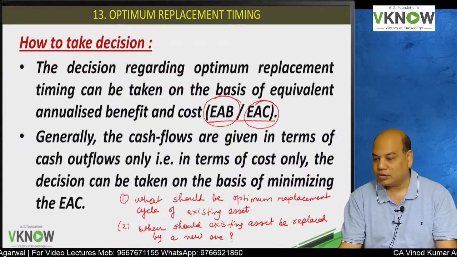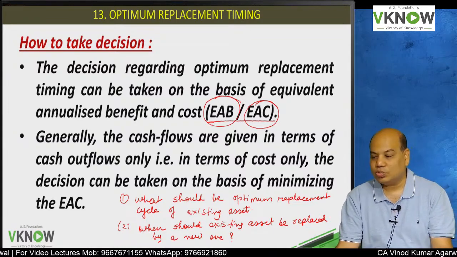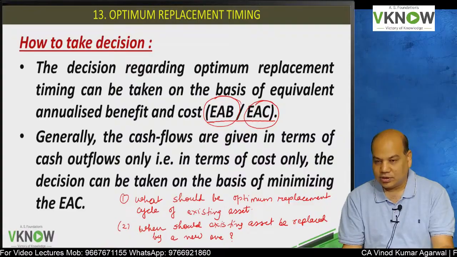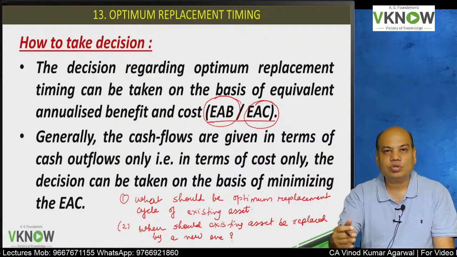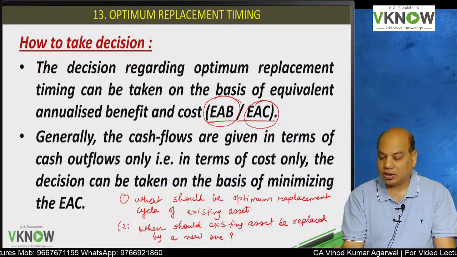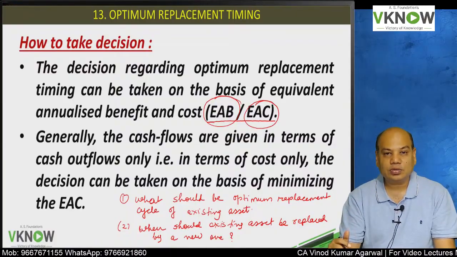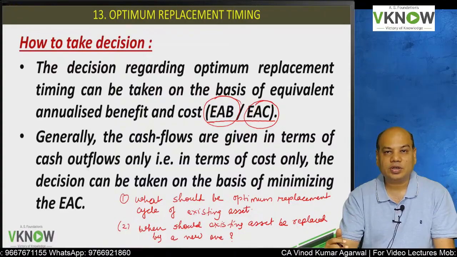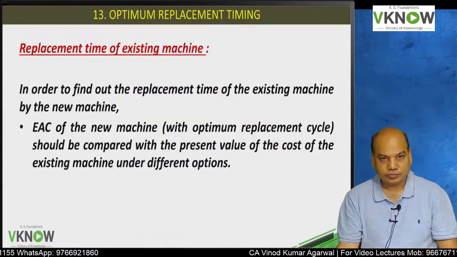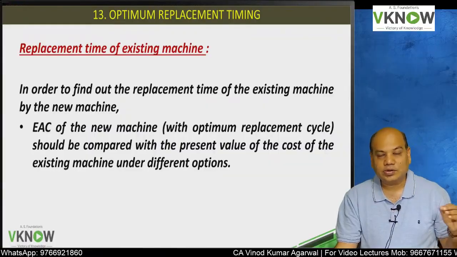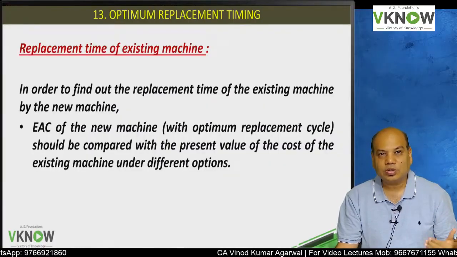This is another type of question. An old asset is there. I have an old car. It can be used for 2 more years. So I can replace it today also. I can replace it after 1 year also, and I can replace it after 2 years also.